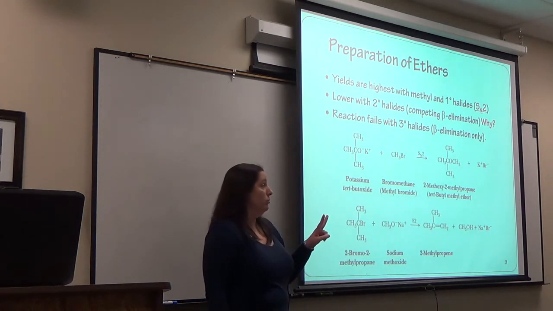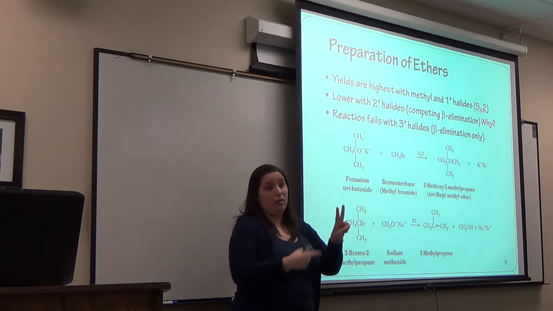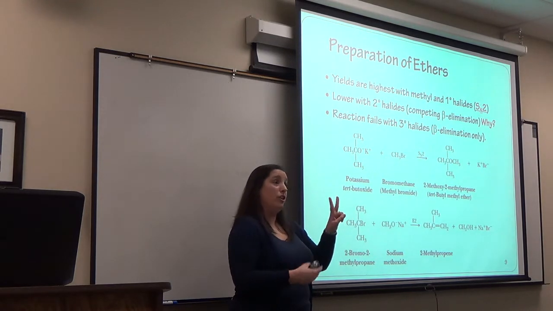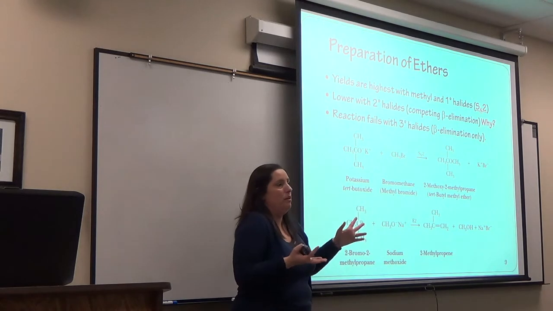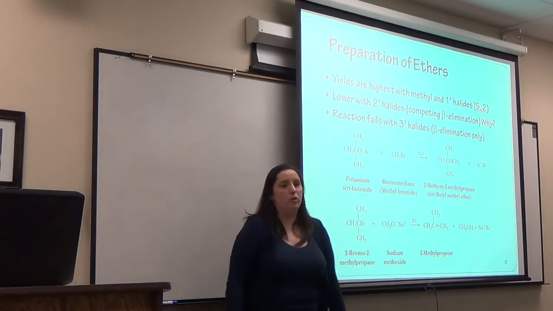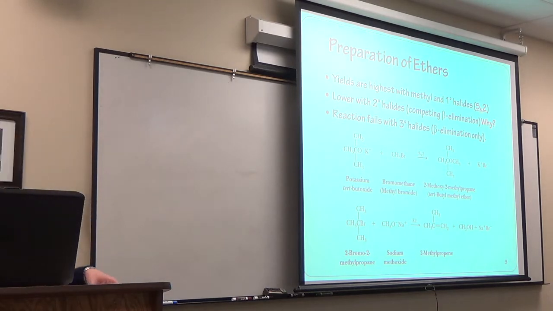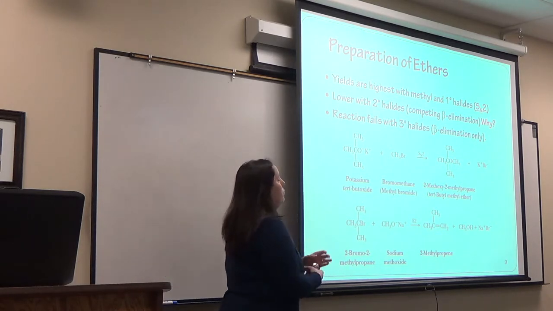Two: the ether and the alkene, the elimination product. So you're not going to have 100% yield, of course. It's going to be more like 60-40 or something like that. Does that make sense for ether? This is the Williamson ether synthesis. There are other ways of making ethers, but this is the most common way.